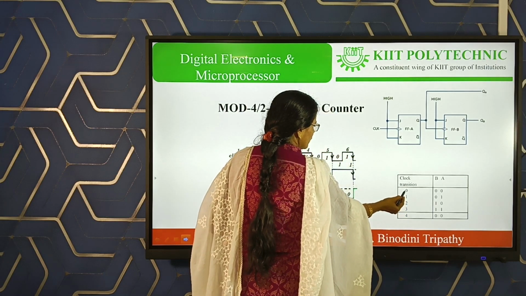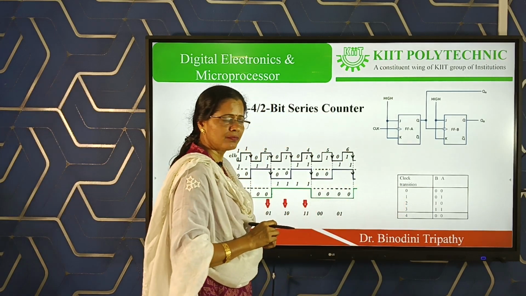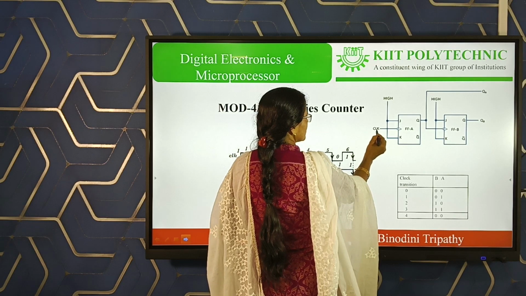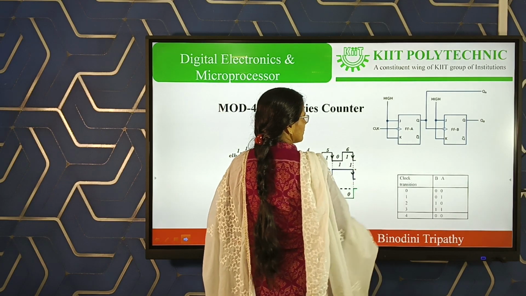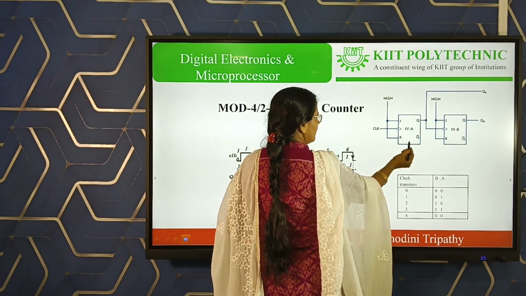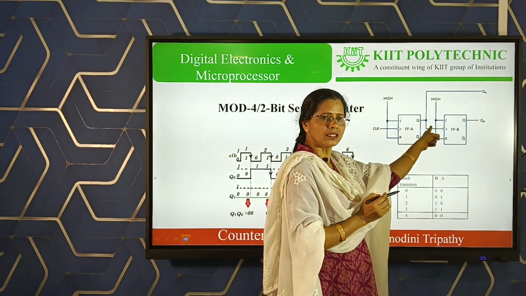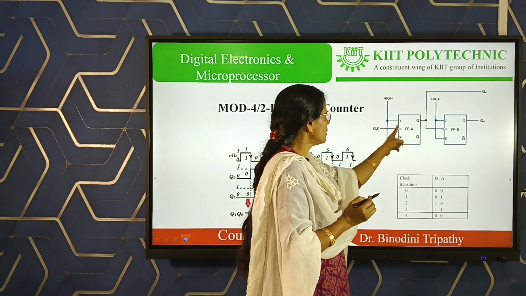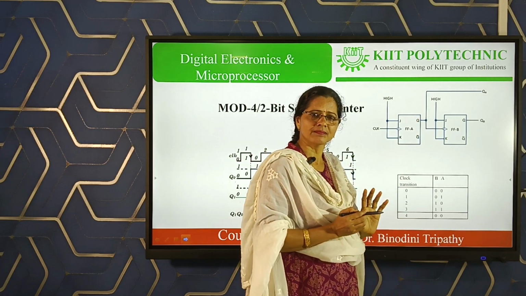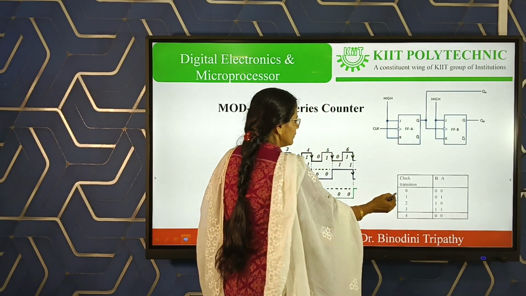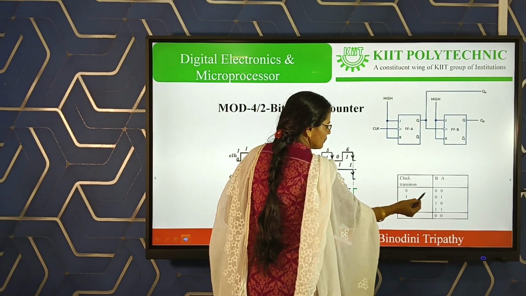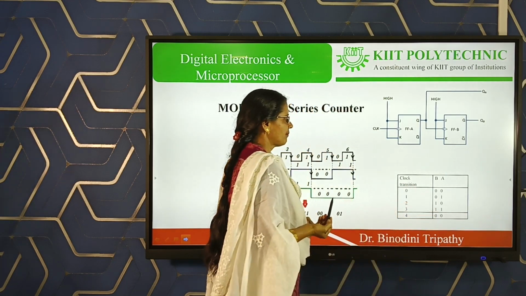And under that condition your clock is also 0. When you apply the first clock pulse, as for the JK flip-flop, it will toggle at the state 1, 1. So initially it was 0. When you apply the clock pulse, it will toggle to the 1 state. Like that, when you apply the first clock pulse, it will show 0, 1.